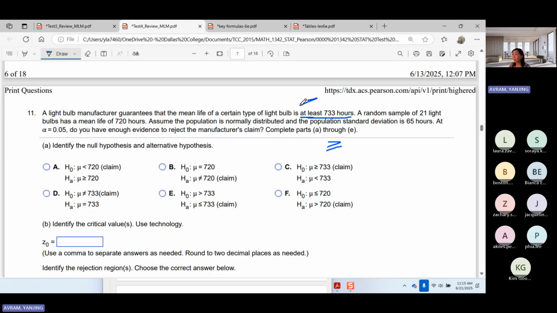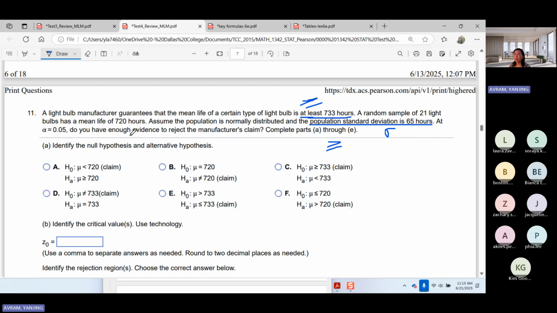Sample a random 21 light bulbs, the mean life is 720. Assume this whole thing is normally distributed. And look at it, this is telling you the population standard deviation, so that means it's sigma, which means it's a z interval. That is the key thing.